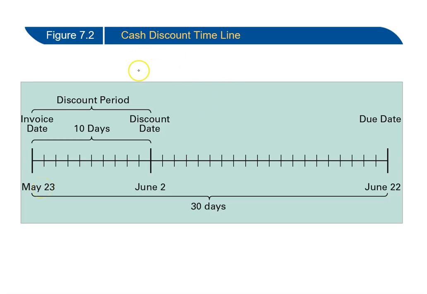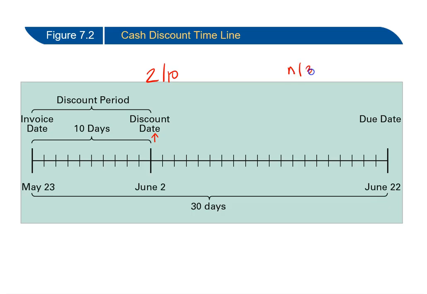And because there was a 2/10, meaning that they had 10 days to receive the 2% discount, 10 days after May 23rd falls on June 2nd. And so June 2nd is called the discount date. The period between the time the invoice was sent and the discount date is called your discount period.